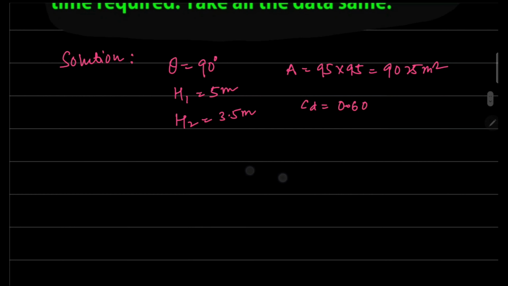So we will use all the data which is available in the formula for the time required to empty a reservoir with a triangular weir.